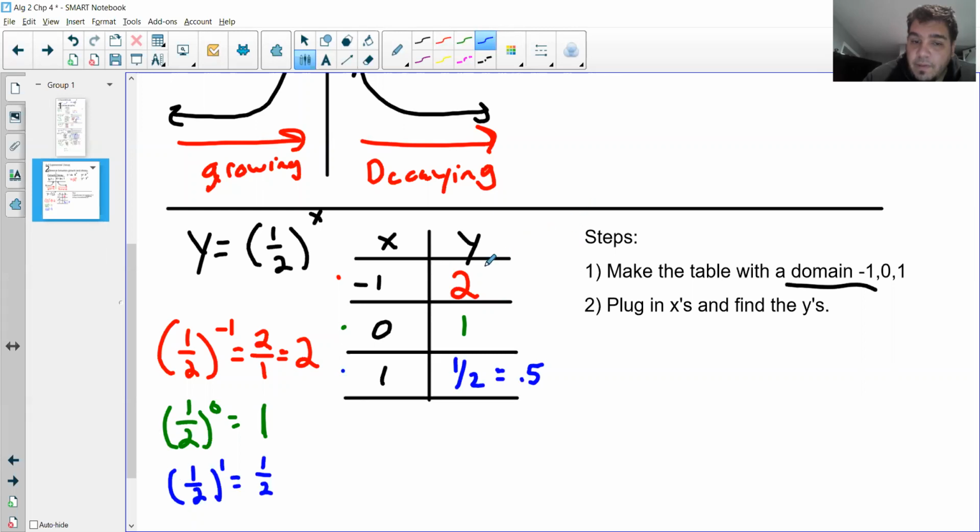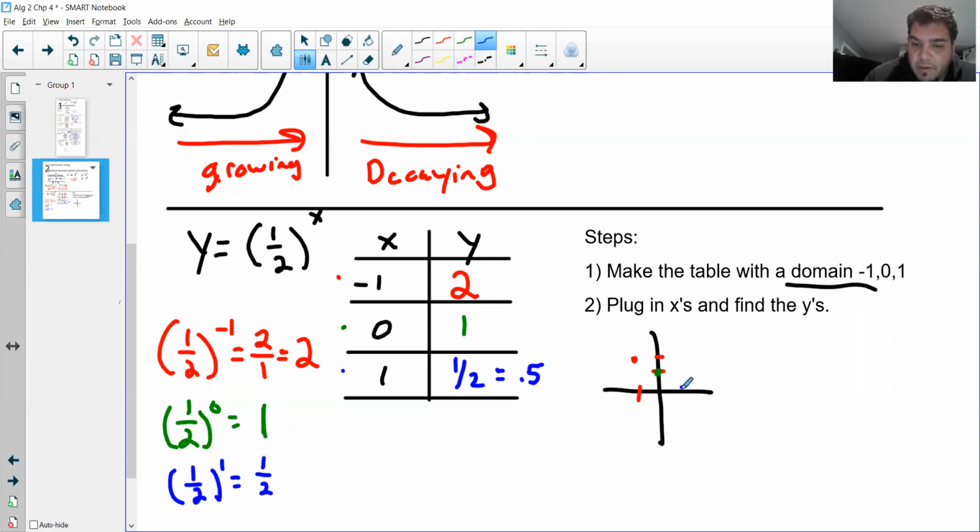And then I could ask you to graph these points, but I want to practice making the tables. Like I said, the tables are definitely more important than the graphing. I believe you guys know how to graph, so I'll leave that to your own practice. It would kind of look like this though. If I were to color code it, at -1 it would be at 2, so up here. At 0 it would be at 1, so down here.